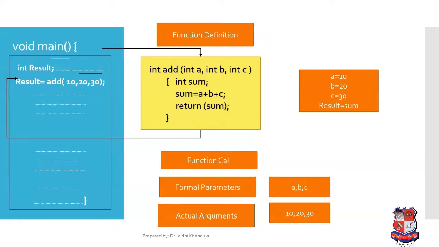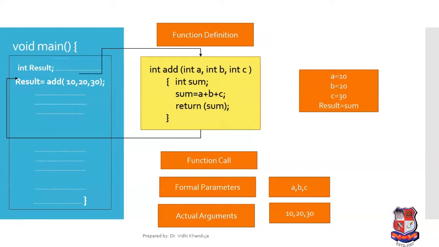That means 10 is copied to a, 20 is copied to b, and similarly 30 is copied to c. That means a will be assigned the value 10, b will be assigned 20, and c will be assigned 30. Then we are adding these three values, and the sum, that will be 60, is returned to the main program. So in the result variable, the value 60 is stored.